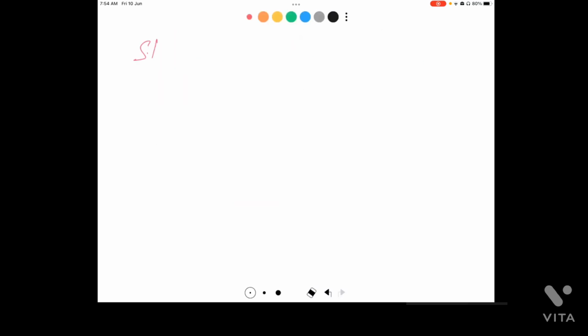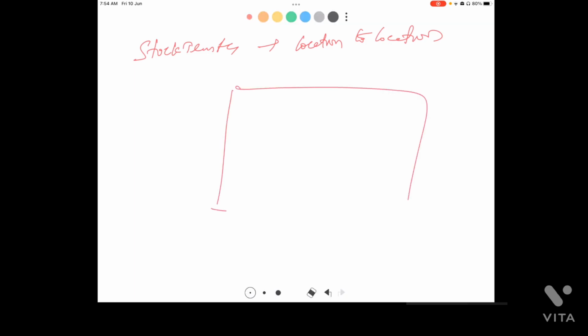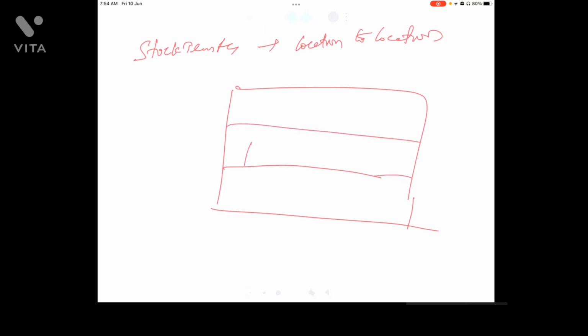How about stock transfers? Stock transfer is nothing but location to location. The location is different and the plant is different. If I have a building, this is my manufacturing plant. There are different floors, and in the floors we have different locations.